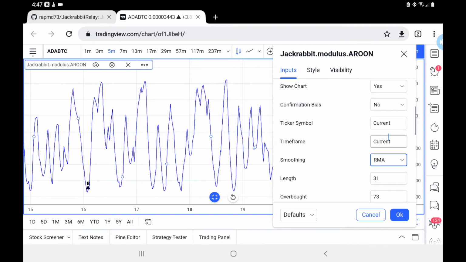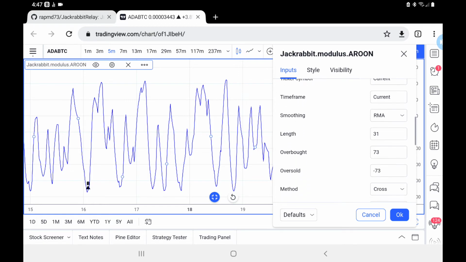The same one used by RSI. Now I'm also using an unusual length. 31 for Aroon is unusual. Some say it should be 14, others put it at 20.